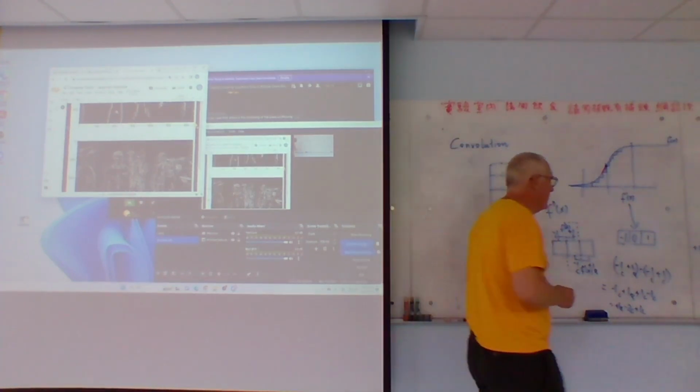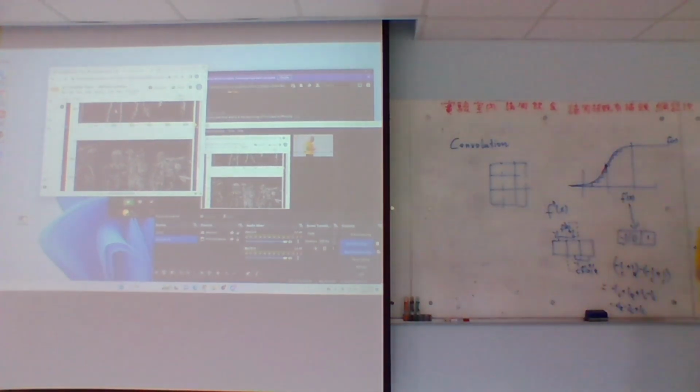But what happens now with our second order derivative? Now the second order derivative looks for changes in the slope. Right? So that means that here I'm going up, here I'm going down. So as far as the second order derivative is concerned, that's actually a pretty big jump.